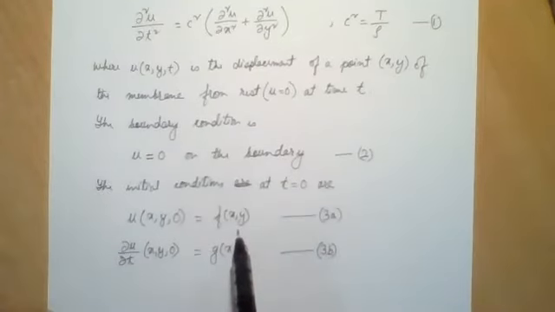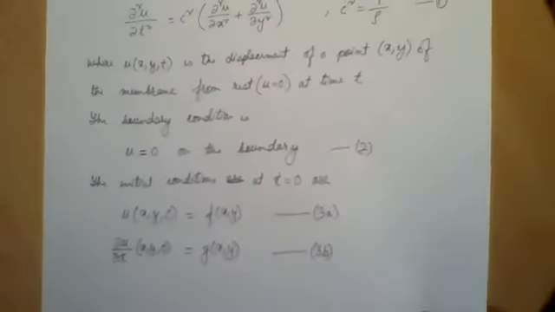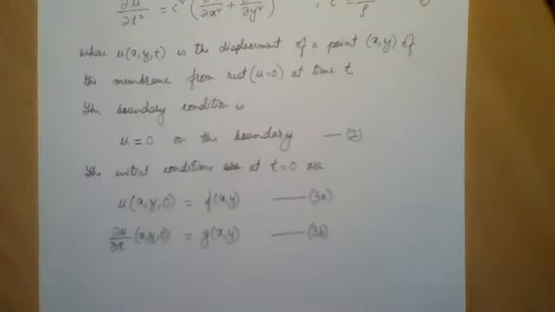This is the initial displacement, the initial shape of the membrane, and this is the initial velocity of the membrane. We see that these conditions are quite similar to those of a vibrating string. Let me write it on a new sheet of paper.